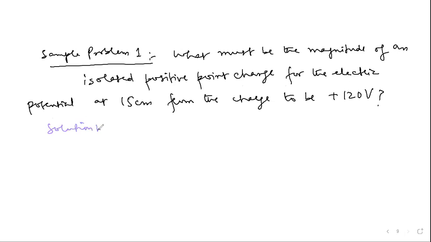Solution. I repeat the question. What must be the magnitude of an isolated positive point charge for the electric potential at 15 centimeter from the charge to be plus 120 volt? So our unknown is Q, R is given from the charge, and V is also given. So we know the electric potential due to a point charge is 1 by 4 pi epsilon naught Q by R. We have to solve for Q. So Q is V times 4 pi epsilon naught R. Substitute the values.